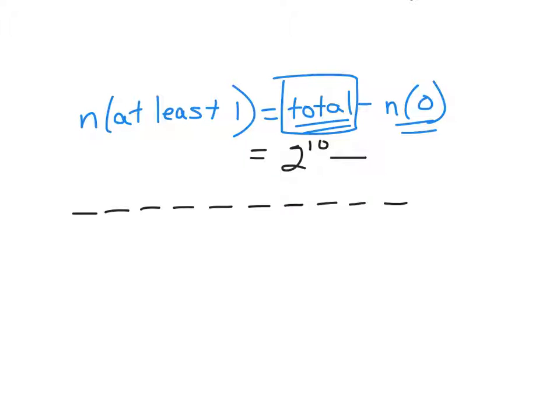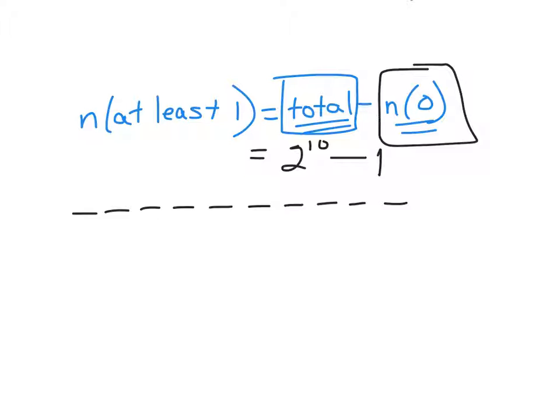Minus, how many ways can you fill out the test where you would have 0 problems right? One way, and that's if you miss every single problem, isn't it? There's only one way that can happen. The answer to this problem is 2 to the 10th minus 1. I don't know what that is.